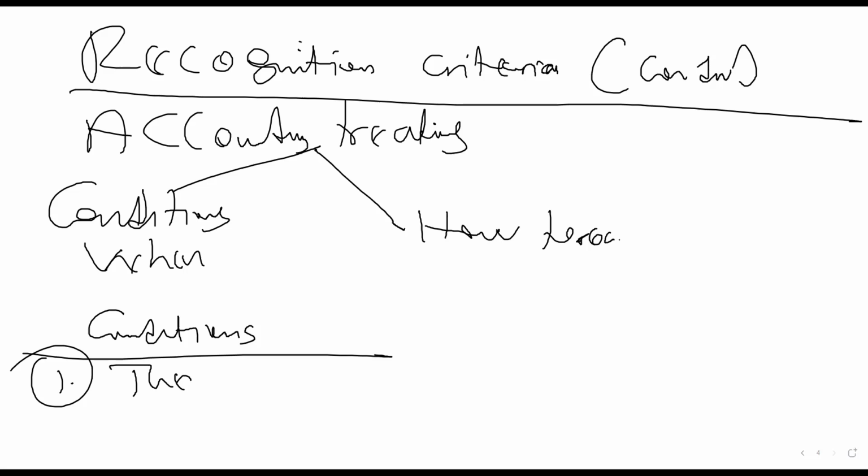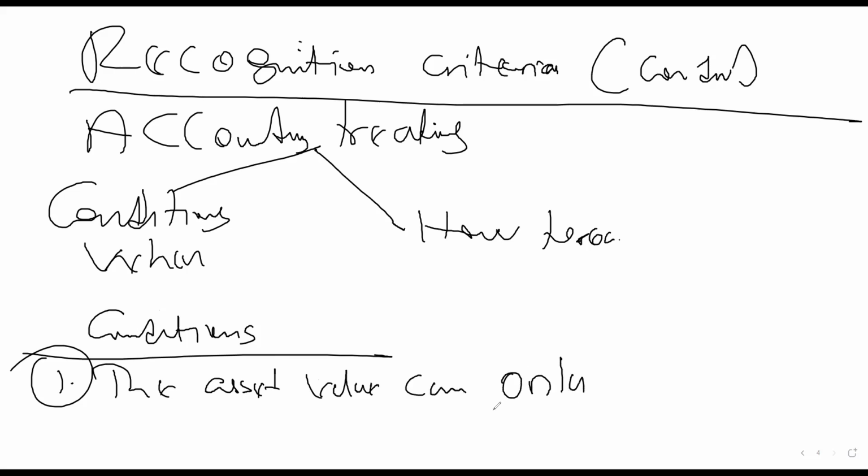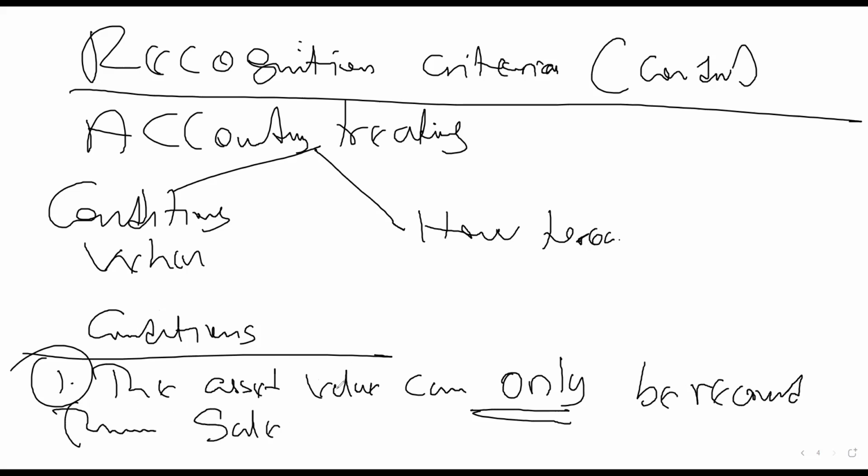Condition number one, it must be probable that the asset value can only be recovered through sale, but not continuous use. Let us see the word continuous use.